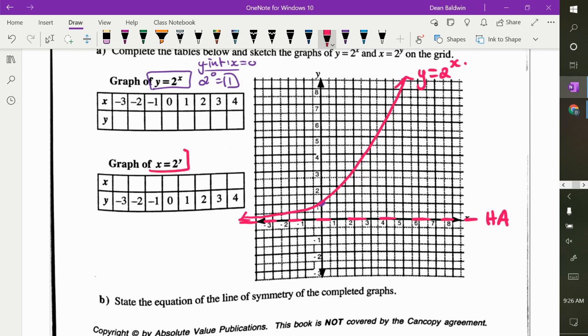If I said graph this, what am I actually asking you to graph? The inverse. How do you graph the inverse without actually plotting all the points? You flip it over the line y is equal to x, or you switch all the xy points, right? So here's the line y is equal to x. This is from the first chapter. So if you reflect this graph over that, 0, 1 becomes 1, 0.